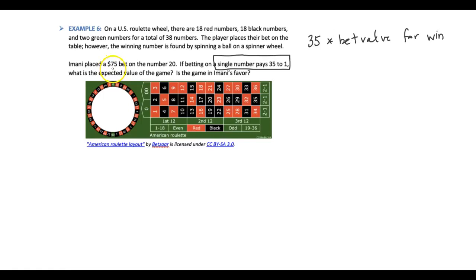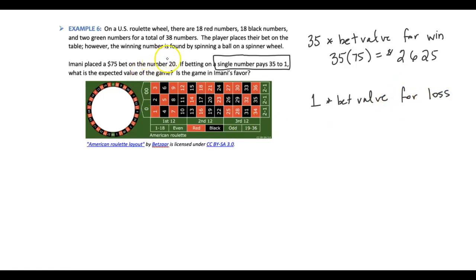So if the ball ends up landing on the number 20, then Amani would win 35 times $75, or a total of $2,625.